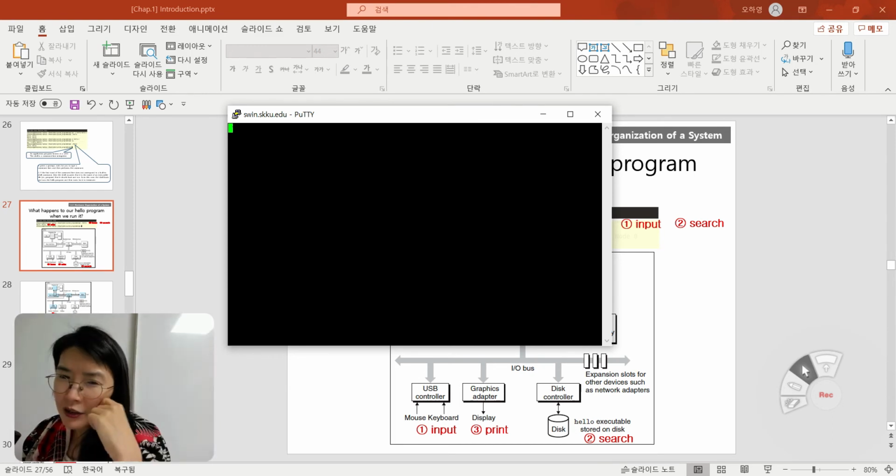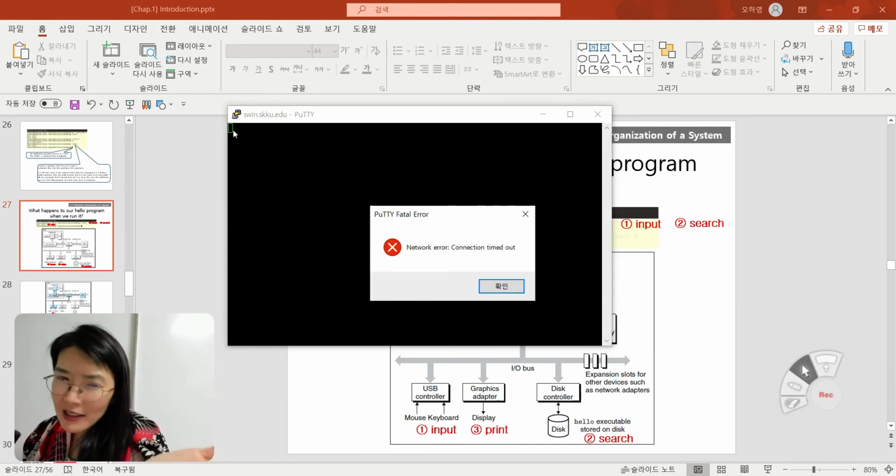Today is Sunday, the weekend, so sometimes we cannot connect and we meet a network error, connection timeout. But I successfully connected yesterday, so that means the server manager has some trouble or is checking the server status.